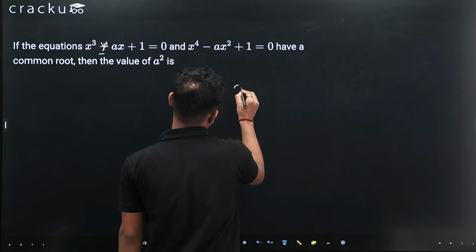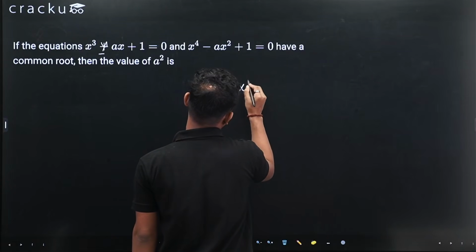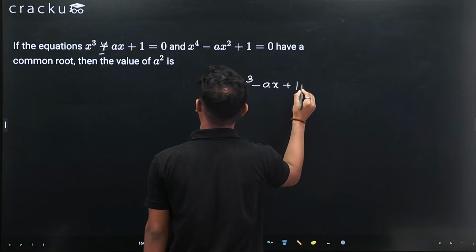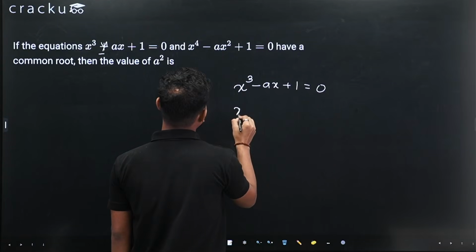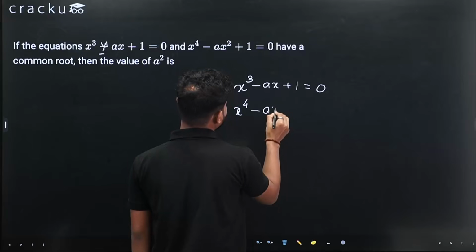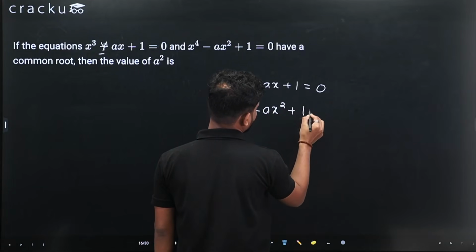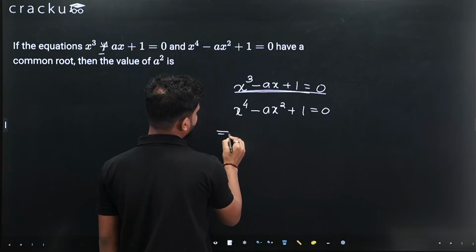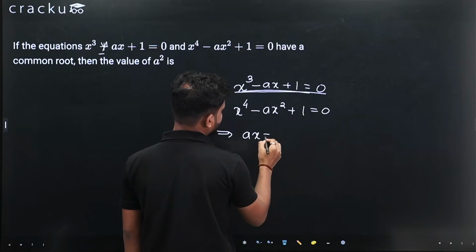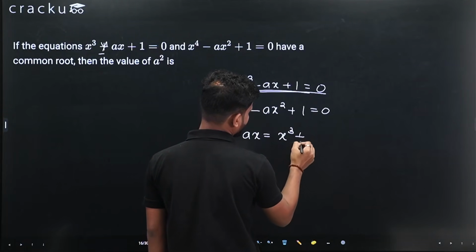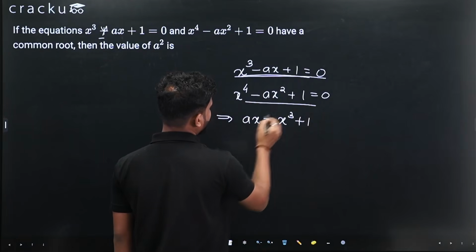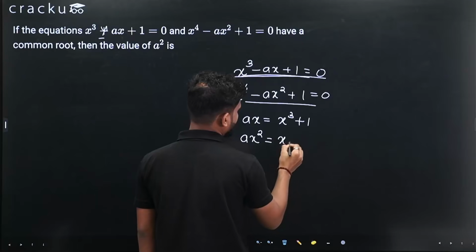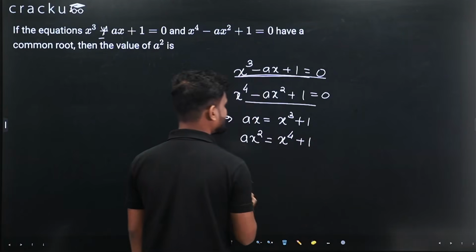So I have x cube minus ax plus 1 equal to 0 and x raised to 4 minus ax square plus 1 is equal to 0. From here, what can I write? I can write ax is equal to x cube plus 1. And from here, what can I write? I can write ax square is equal to x raised to 4 plus 1.